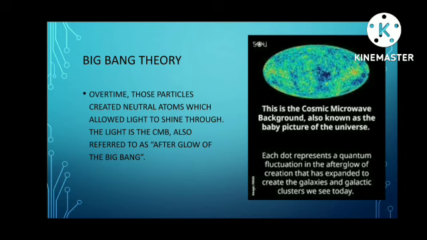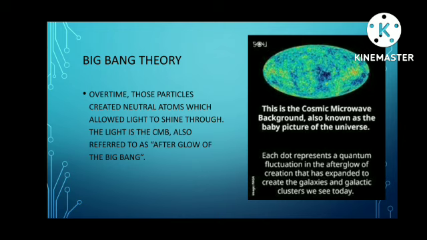In our picture, this is the image of the CMB, or cosmic microwave background, also known as the baby picture of the universe. So each dot represents a quantum fluctuation in the afterglow of creation.